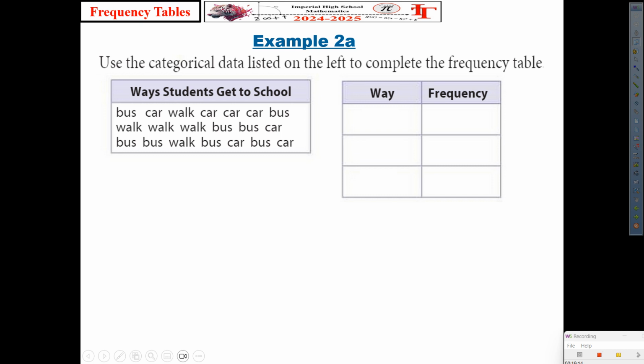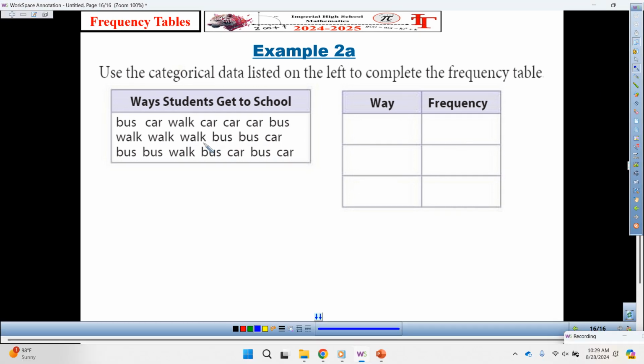You're just paying attention. And it reads, use the categorical data. What kind of data? Categorical. Remind your neighbor why this is categorical, please. Why is that categorical? Because it doesn't involve what? Numbers. All right. So how do I take this data and make a frequency table?